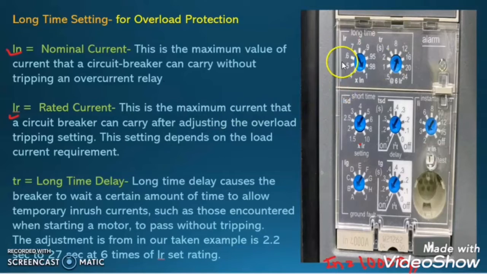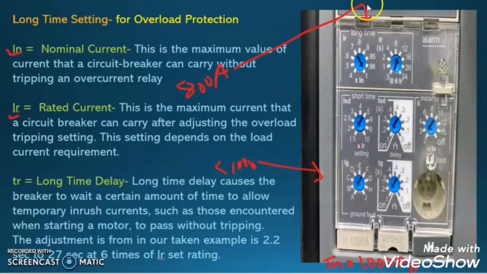Now let me explain why it is important or required to change the ampere rating of the circuit breaker. Suppose I have a load which can carry a maximum of 800 ampere of current, and this is fed by this circuit breaker of 1000 ampere nominal current rating. For this circuit breaker, the overload condition will be when more than 1000 ampere current is flowing through this circuit breaker.